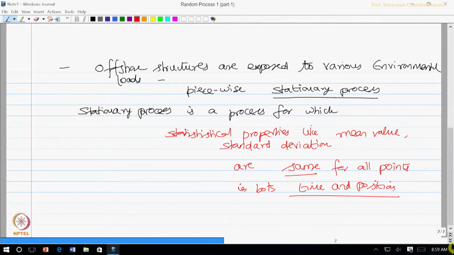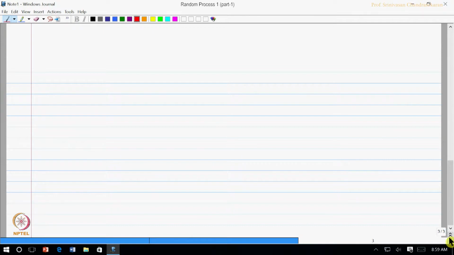Let us try to understand this slightly in a better manner. Let us say I have time history data which is plotted as shown in the screen now.